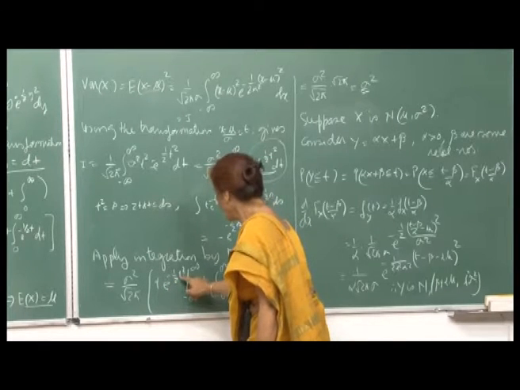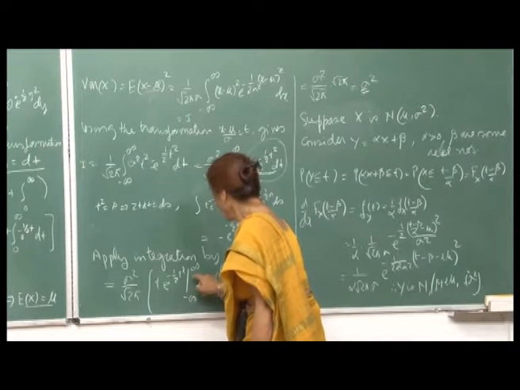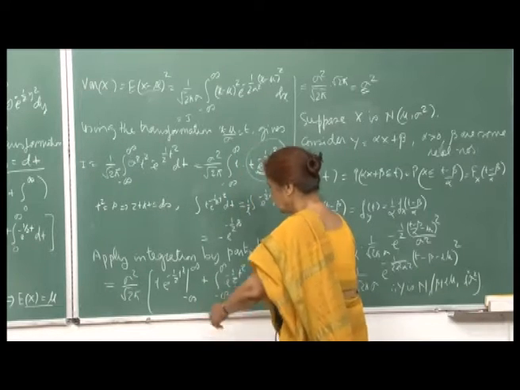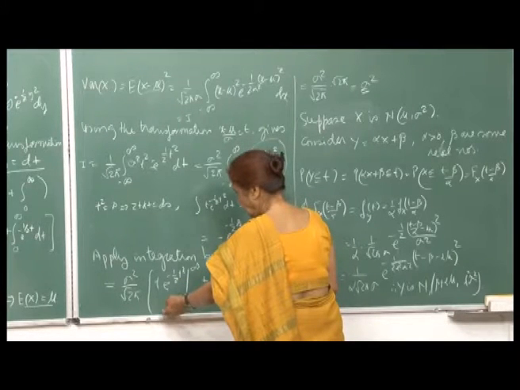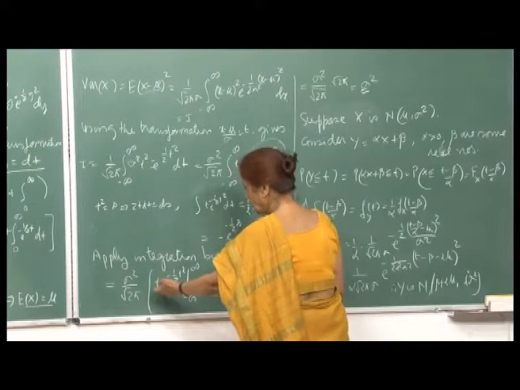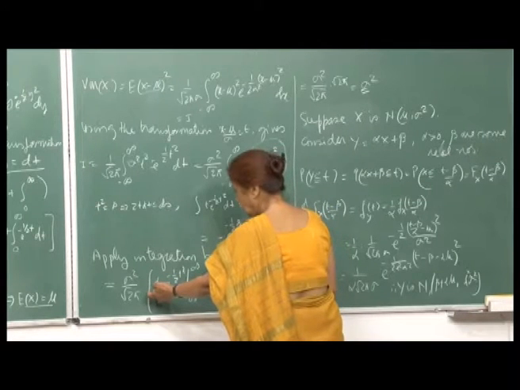So then, t into e raised to minus half t square from minus infinity to infinity, you can see that this is 0, because this is t square, and so in the denominator e raised to t square at infinity is much larger than t in the numerator.